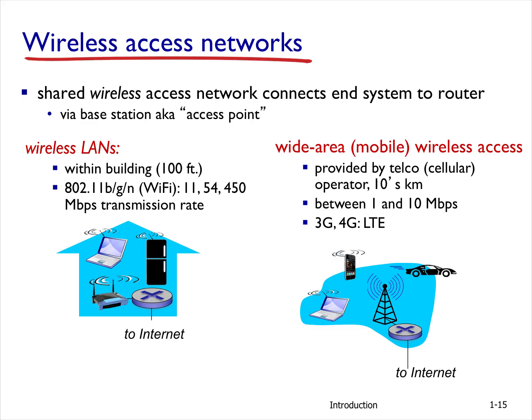So we have LAN, and this one is abbreviated WAN, wide area network, not wireless area network, okay? There is something defined in between, called metropolitan area network, smaller than the wide, but larger than the local.